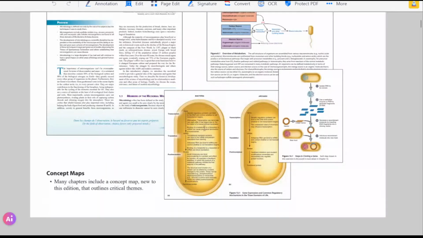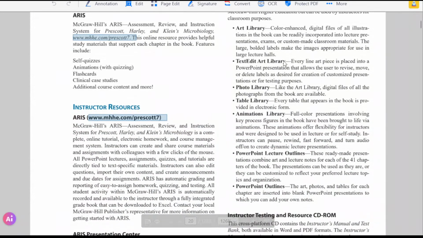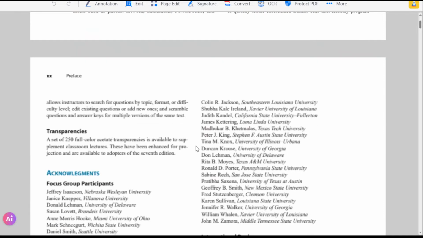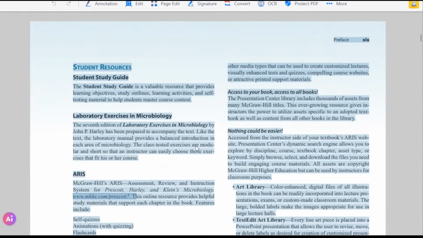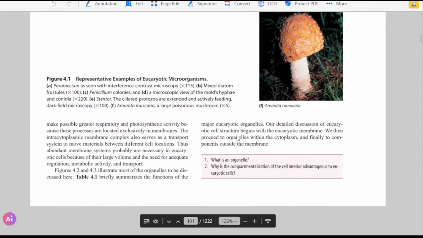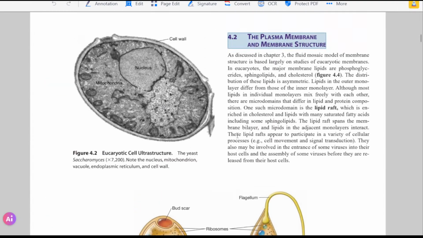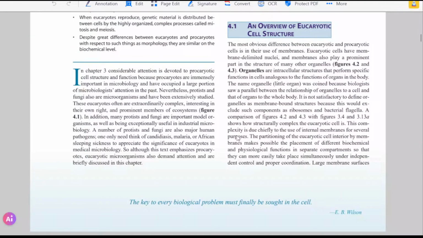First, I need to know what the chapter page is. This is making me angry. Why are we at chapter 4?